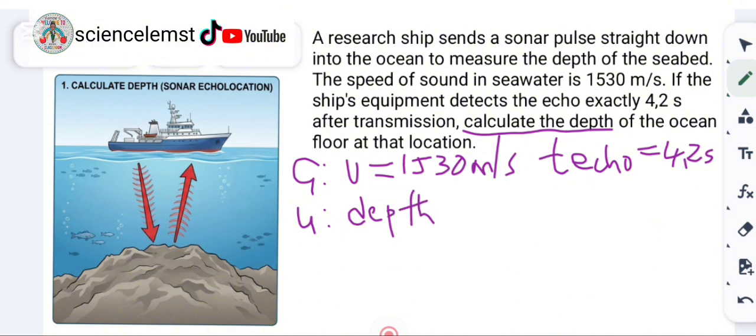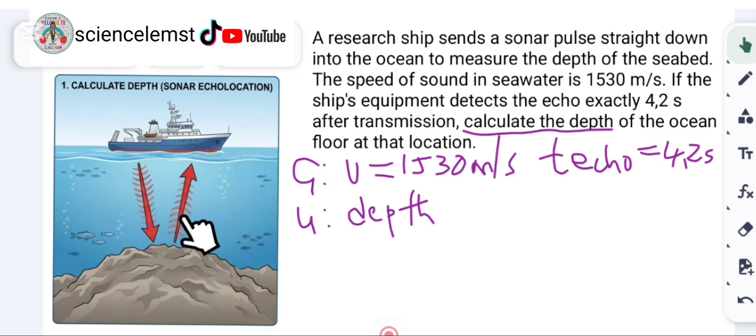Okay. So now what is happening here? I placed that picture there to show you something. That's a boat, and they're transmitting. Transmission, remember, they're the ones who are sending the sound. So they're sending a sound down and it hits the bottom of the seabed. And then what happens? Sound is reflected. Sound bounces back.